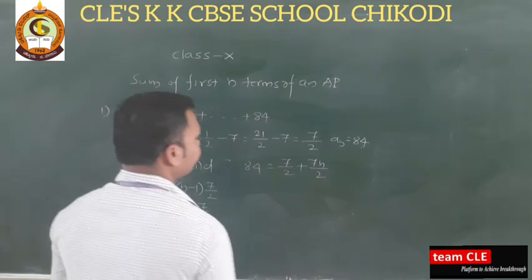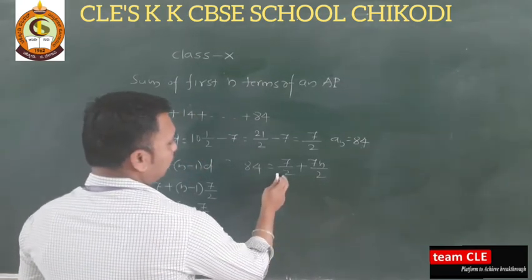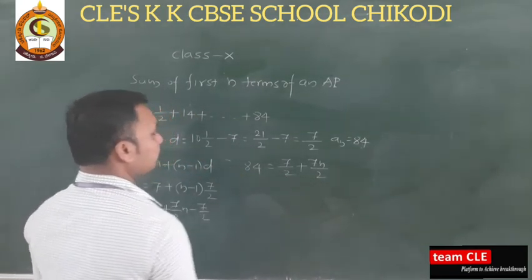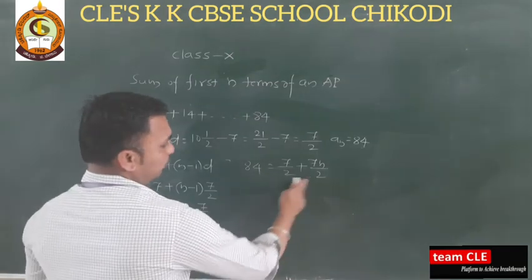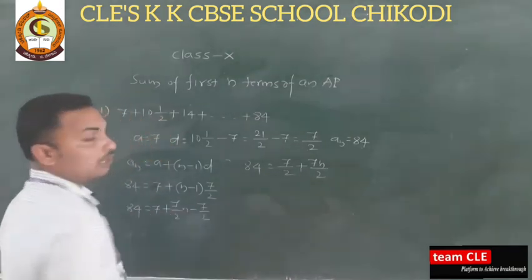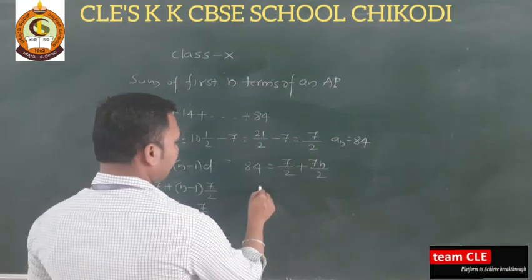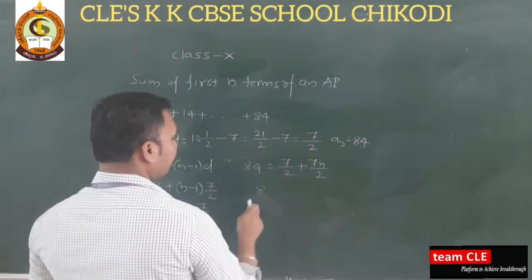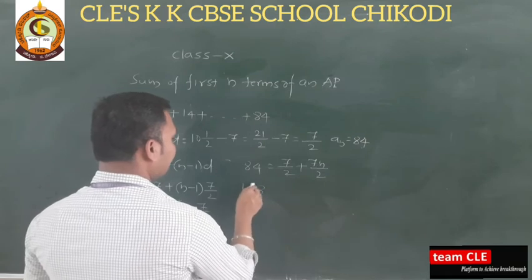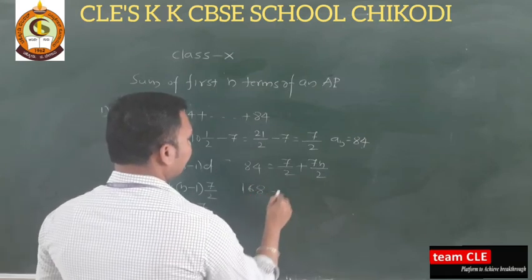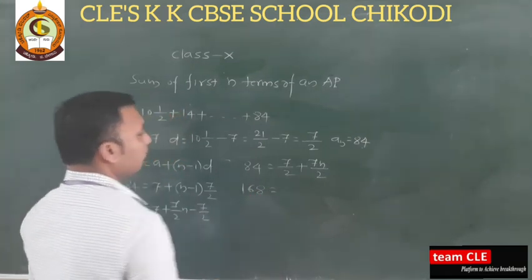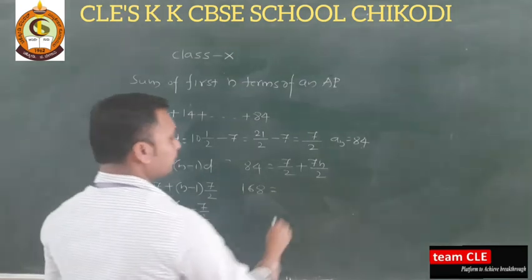Now we can take the denominator 2 to this side, since both sides have the same denominator. So 2 fours are 8, 2 eights are 16, we will get 168.